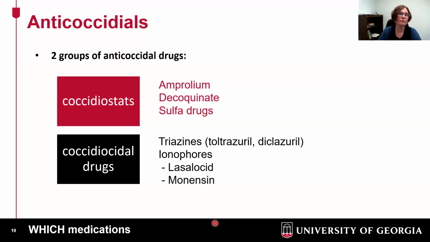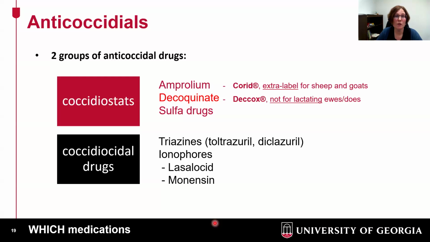just to make sure that you get your timing right. For the coccidiostats, we do have different options here in red. The ones that are used mostly are decoquinate and amprolium. I gave some trade names just to relate it a little more.